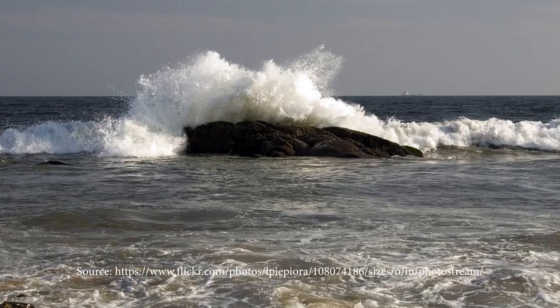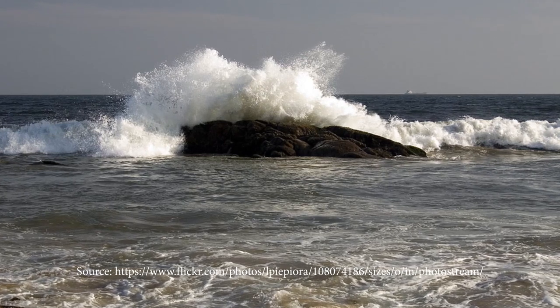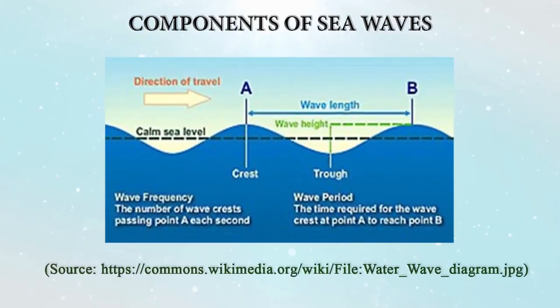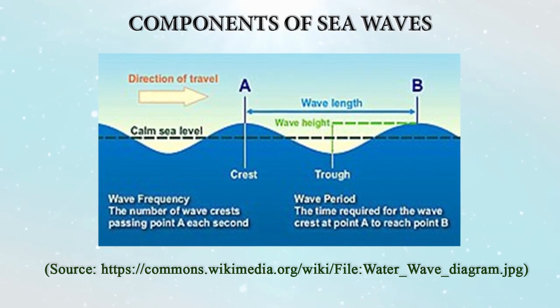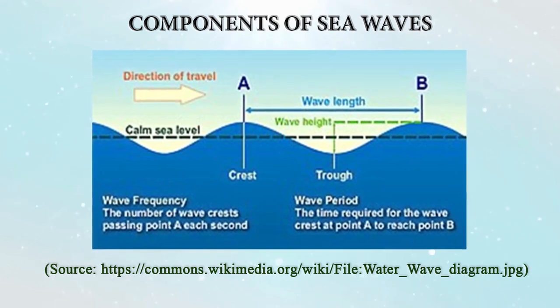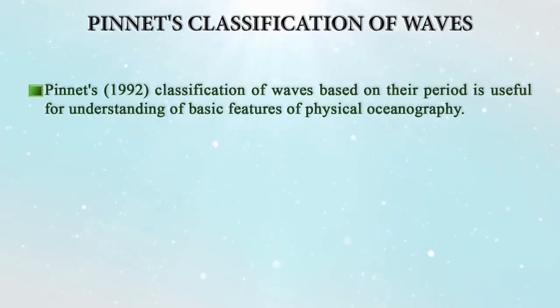So you must have noticed different types of ocean circulations like waves, and you must have noticed the periodic rise and fall of ocean water in the form of tides. When we discussed waves, you go through this figure and see all the details, and you should also know that Pinet in 1992 classified waves based on their period, and this is useful in understanding the basic features of physical oceanography.